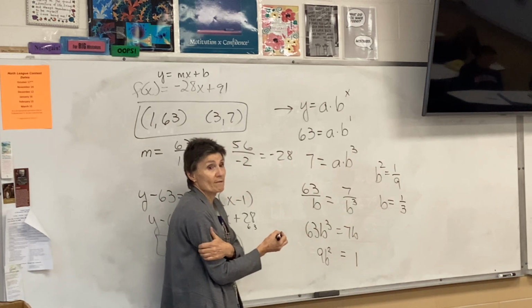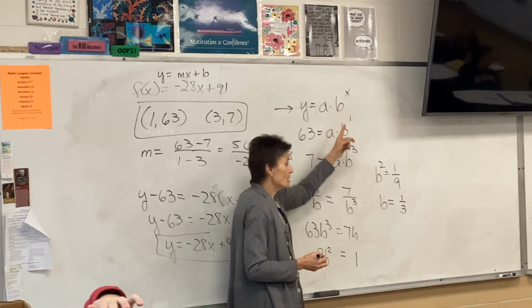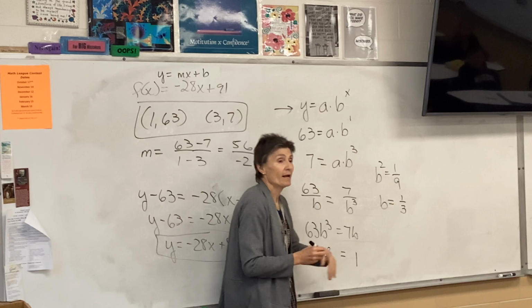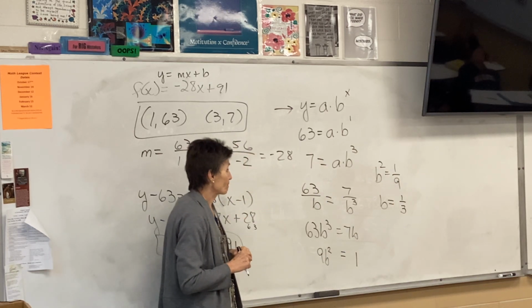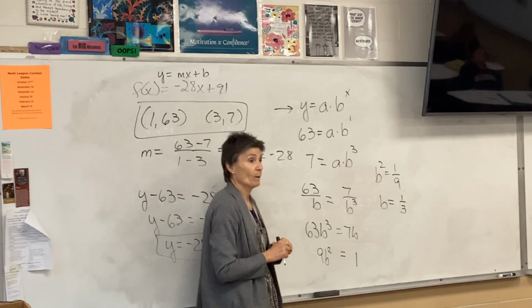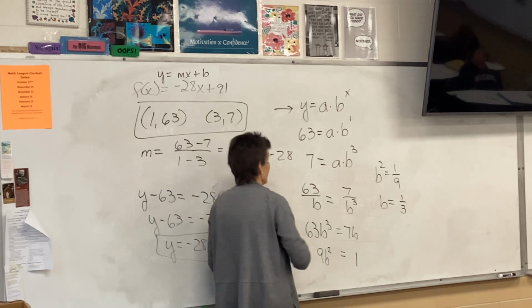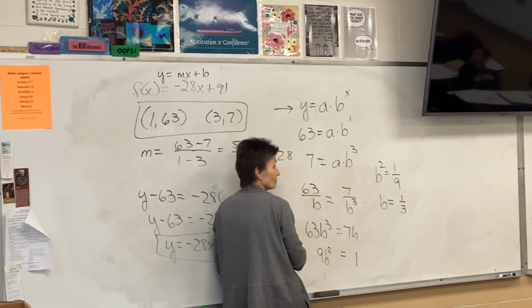One of the rules of exponentials is that b must be positive. So I know when I square root, technically there's a plus or minus, but not in an exponential. B must be positive. Now what do I do? Well, if b is 1/3, can I figure out a?